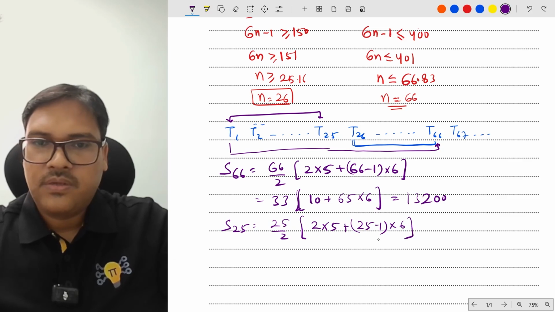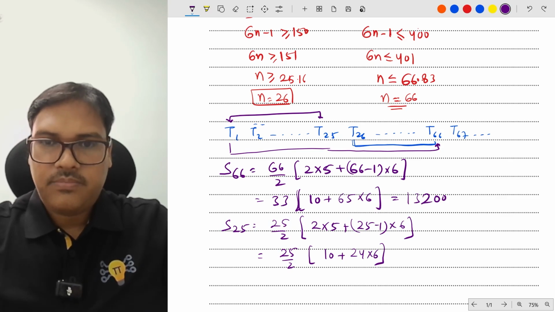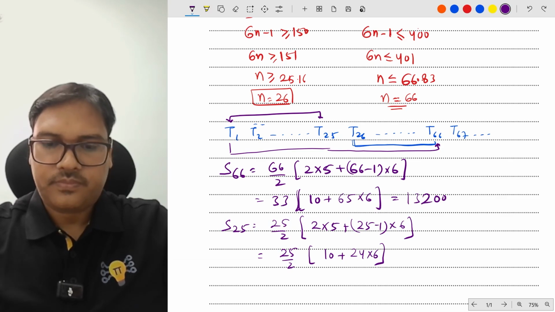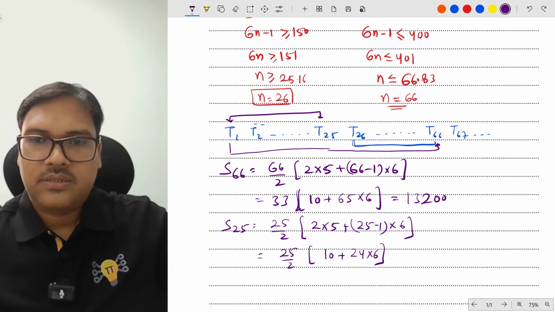So this is 25 by 2, this is 10, this is 24 into 6. So this is 10 plus 24 into 6, divided by 2, and multiplied with 25.